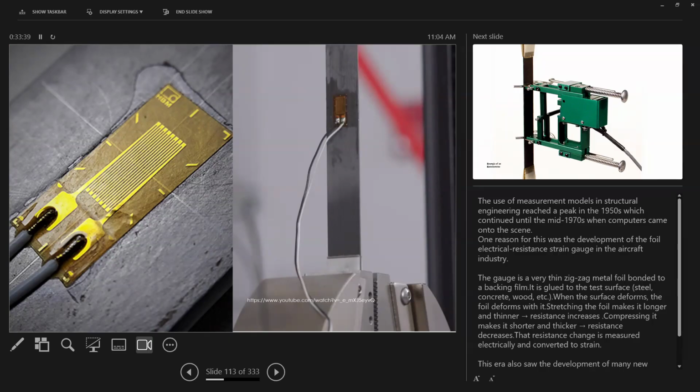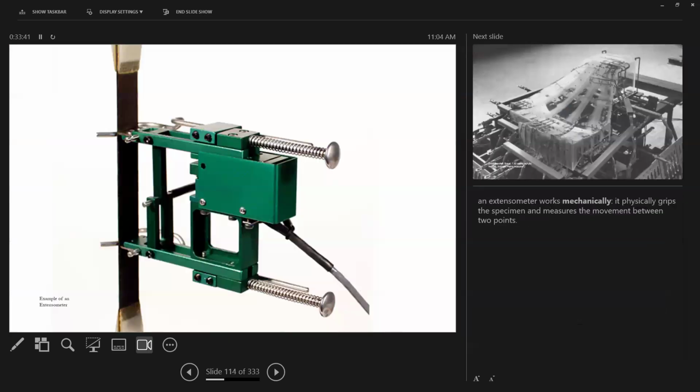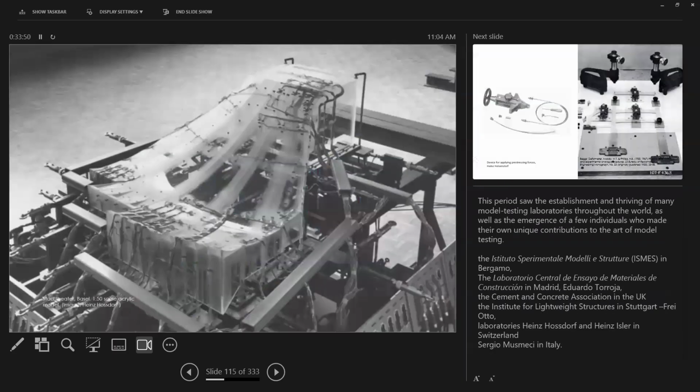There were all these devices that would project a little dot and see if the distance changed, and they would cover models. This is the Heinz Isler model, covered in strain gauges and subjected to loading conditions.